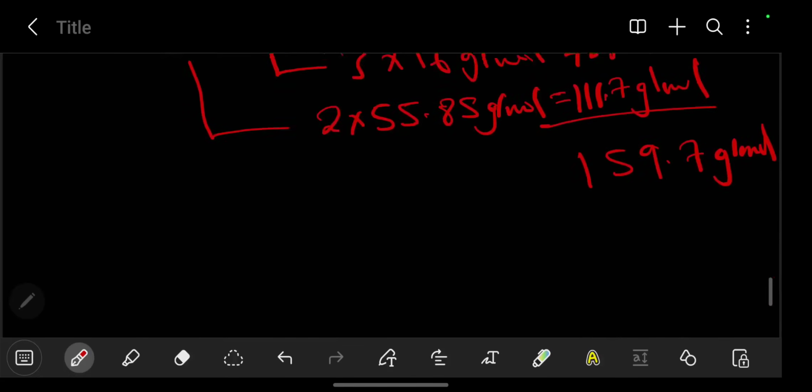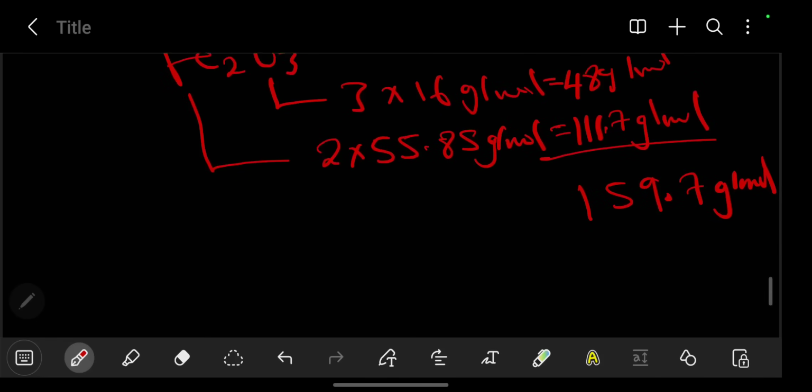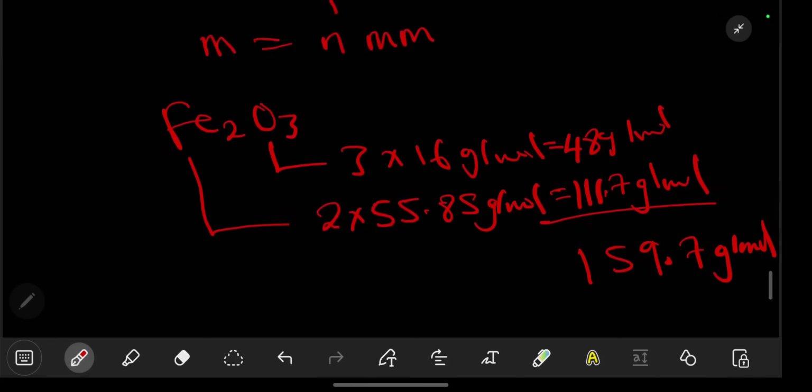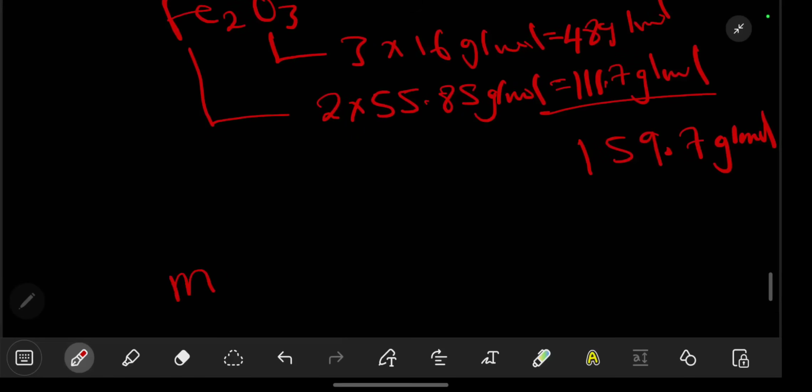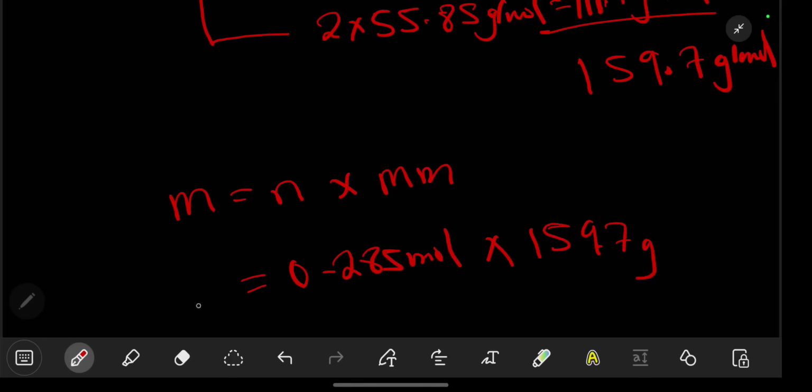Then with that, we have our 159.7. From that, we now just calculate. The mass is equal to the number of moles times the molar mass. The number of moles we found was 0.285 moles, and we multiply this by the molar mass, 159.7 grams per mole.